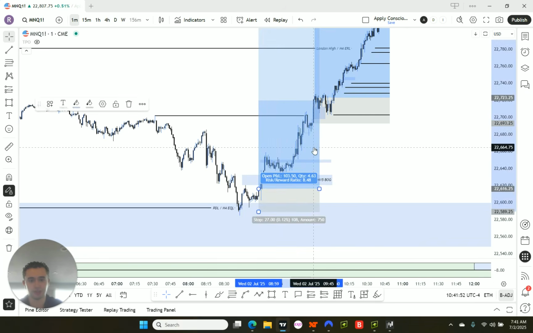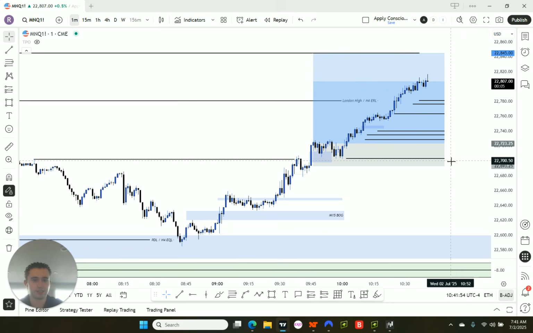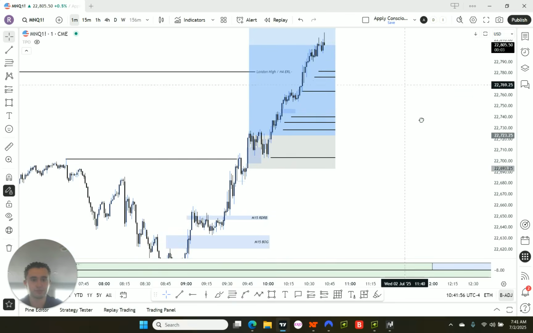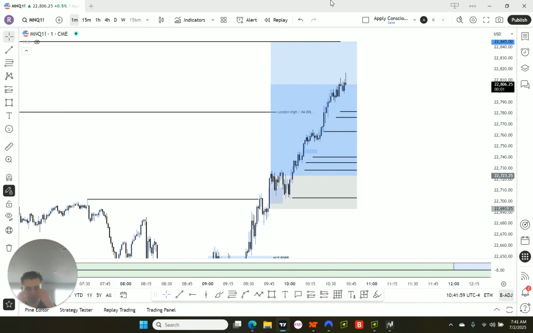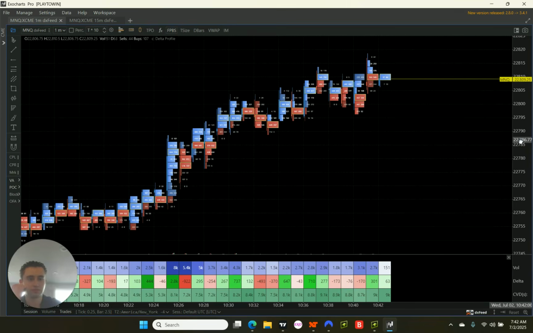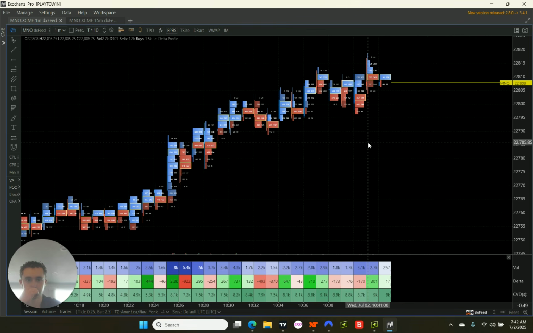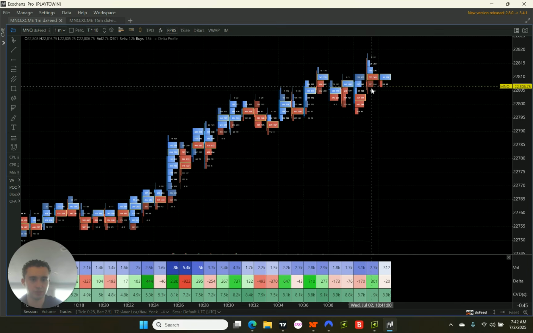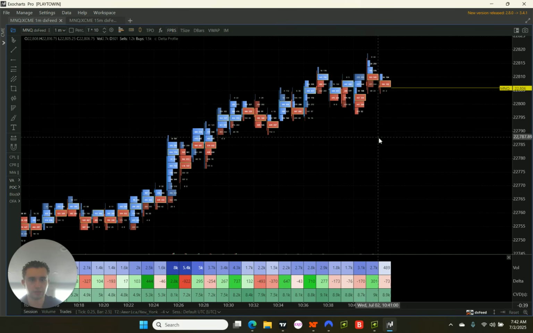Oh my god. Definitely trapping some, because that's actually a positive delta candle, but this is a negative delta candle. It's a bullish candle. It's just consolidation.